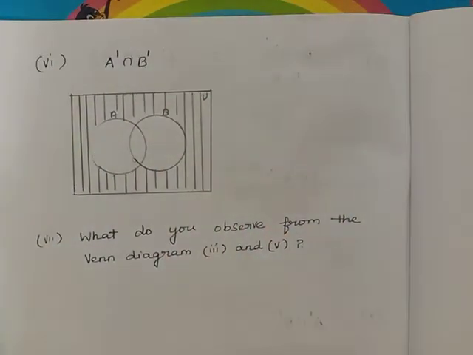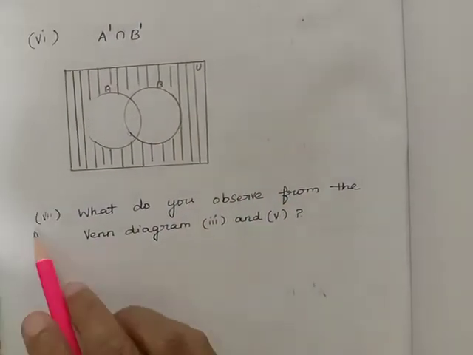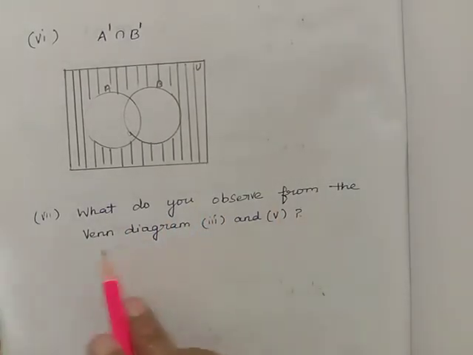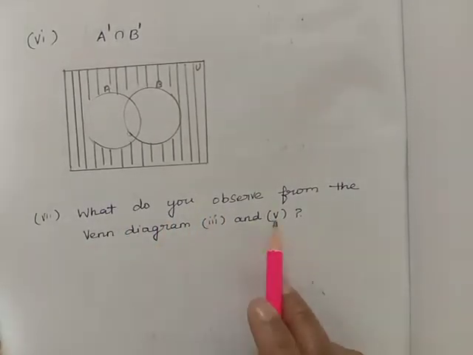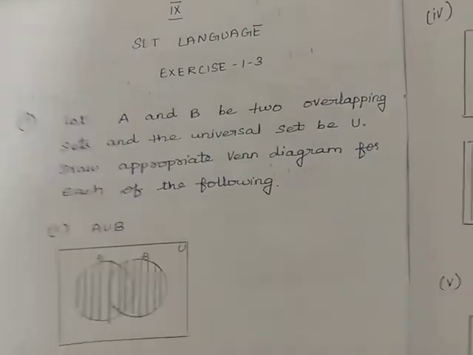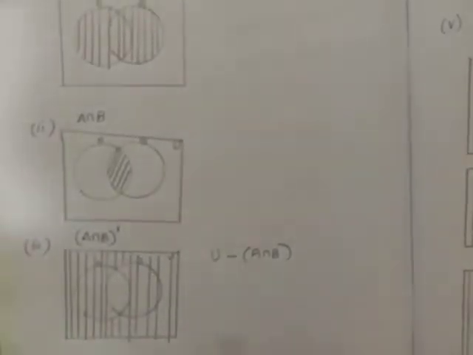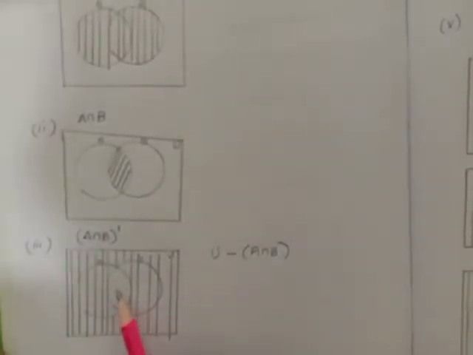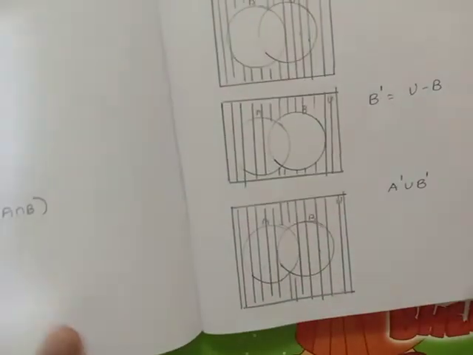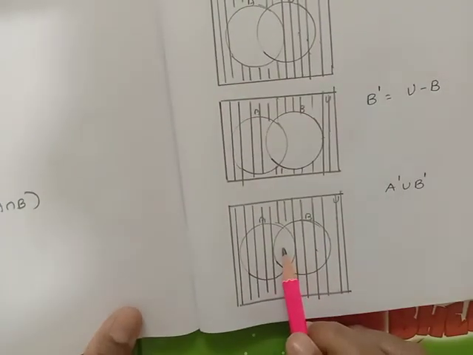Okay. Now Roman numeral 7. What do you observe from the Venn diagrams of Roman numerals 3 and 5? Now we'll compare the diagrams. In Roman numeral 3, only the center portion is not covered, and in Roman numeral 5 also the center portion is not covered.